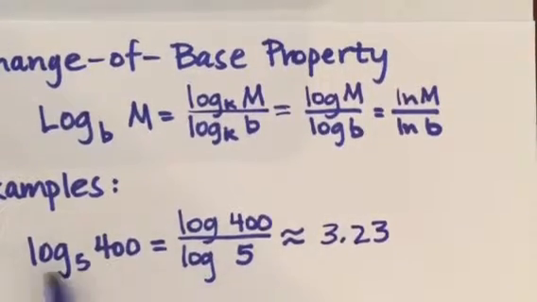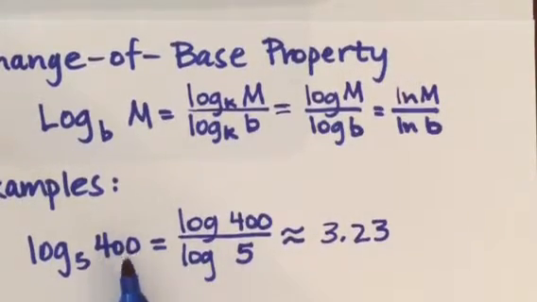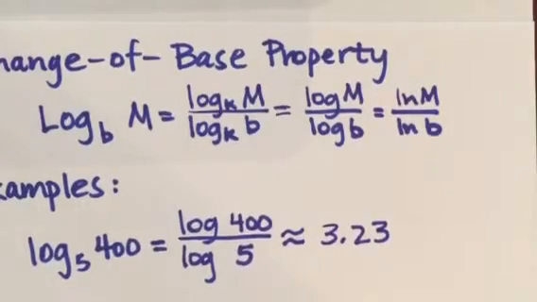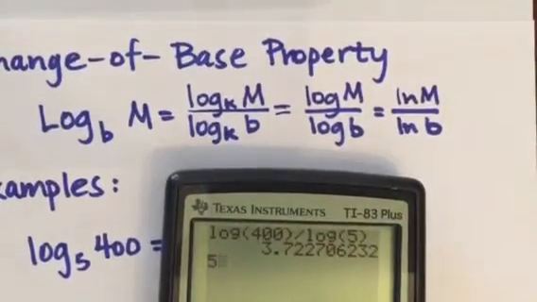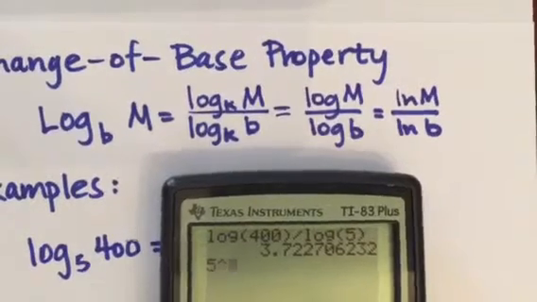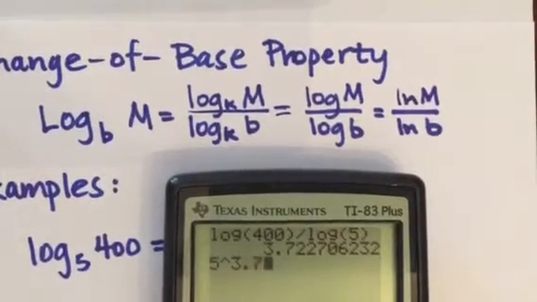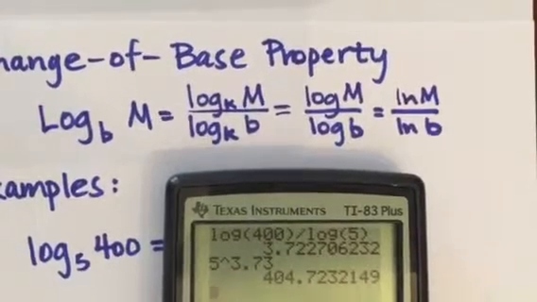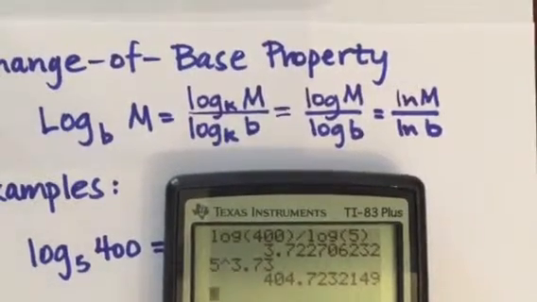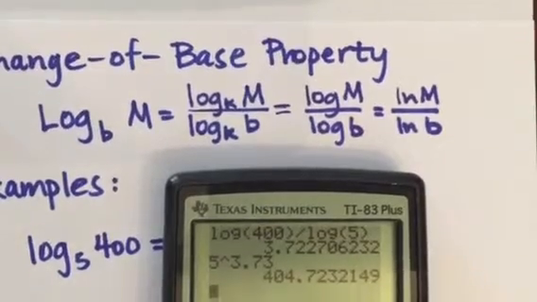Well, now I can go back and check that my answer is correct, that I actually did this correctly by recalling what I know about the definition of a log. Because if I go back to this, I'm really saying that 5 raised to this power should be equal to 400. So let's just check that in our calculator, okay? So let's do 5 raised to the 3.73 in our calculator, and let's see what it gives us. Oh, I should have done 3.723, right?